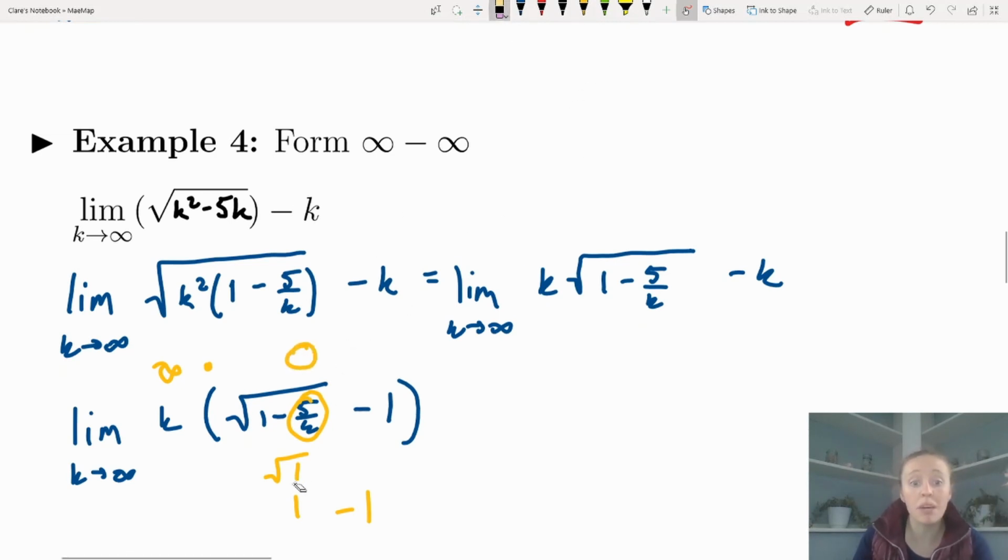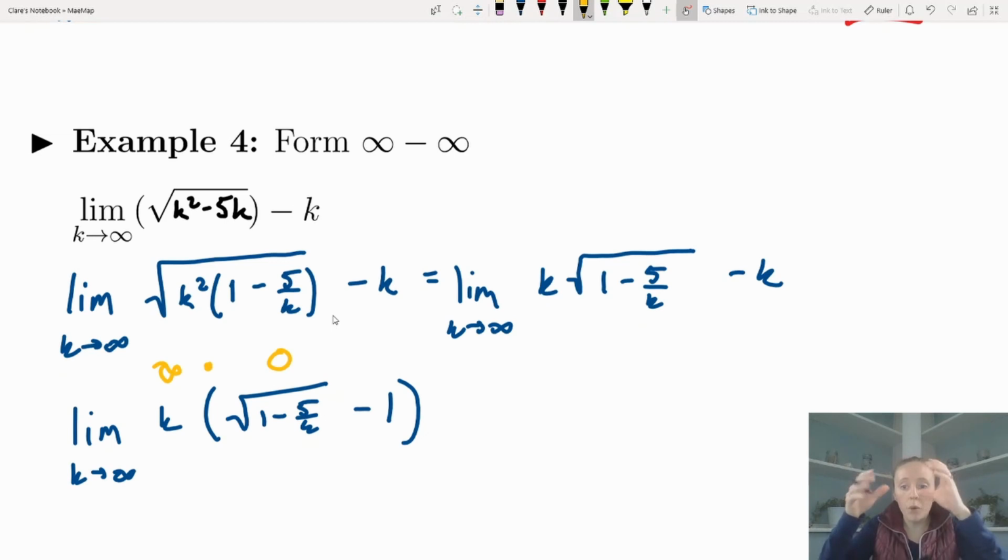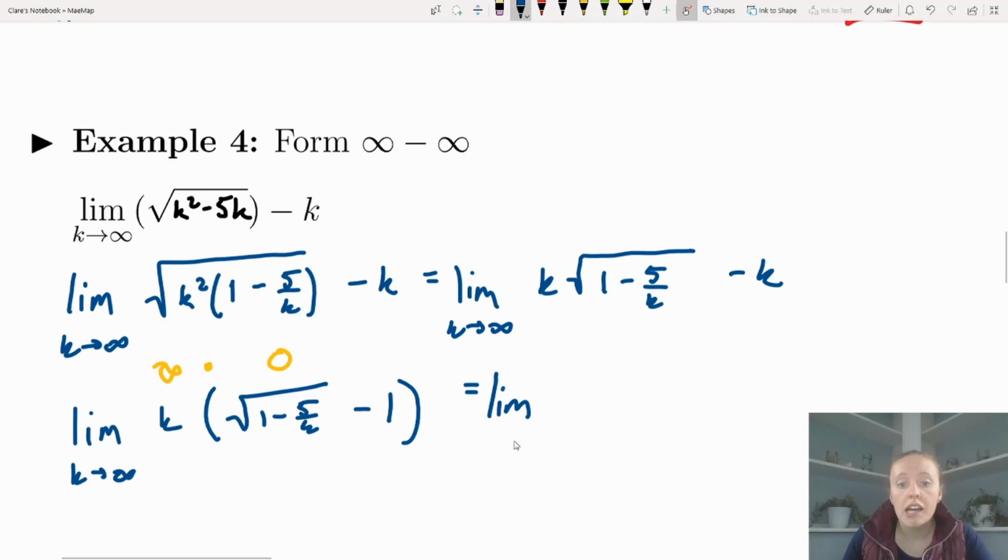Now we have something where we have 0 times infinity, or infinity times 0, so this is where we can just move one of those down into the denominator. And let's move the simpler one. Let's go ahead and move k. So I'm going to rewrite this as the limit as k approaches infinity of the square root of 1 minus 5 over k minus 1, and that's all over 1 over k.